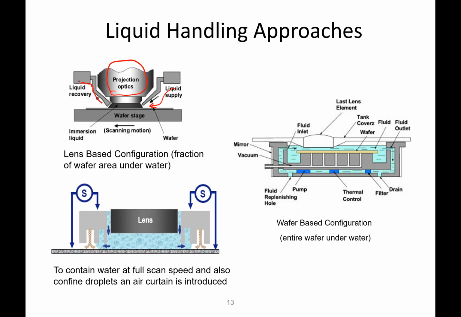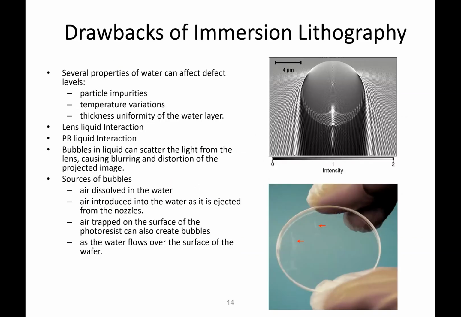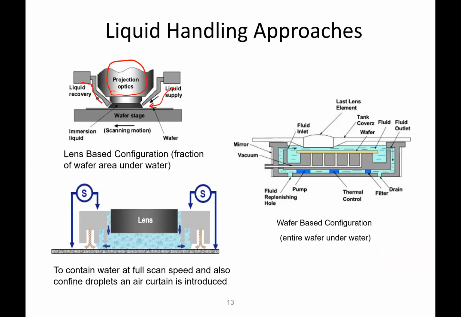Now Intel, Samsung, and TSMC, all the industries are using this lithography technology. But this also has some problems because the water has some impurities inside, and the impurities are not only from the water. You see this water passes through the surface of the wafer, right?